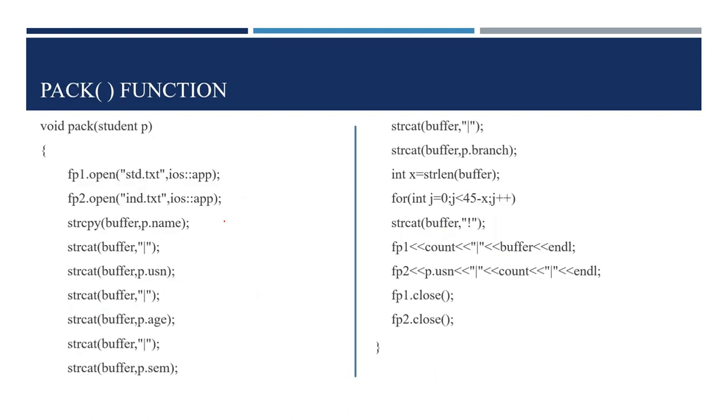Then what is the pack function? Here in general we can say a set of fields, that is the name is delimited with a delimiter, the USN is delimited, the age is delimited, the semester is delimited, and the branch, and all are concatenated to form a single record stored in a single variable buffer.